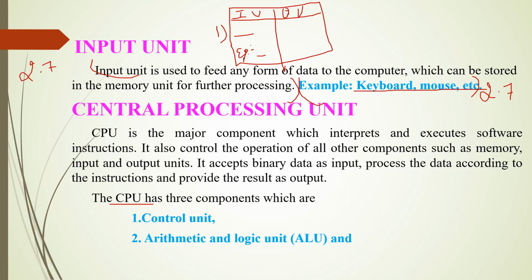The third one is the memory unit. In this memory unit, we have primary as well as secondary memory. Is it clear? So in the CPU, we have 3 major parts: the control unit, the arithmetic and logical unit, and the memory unit. Is it clear?